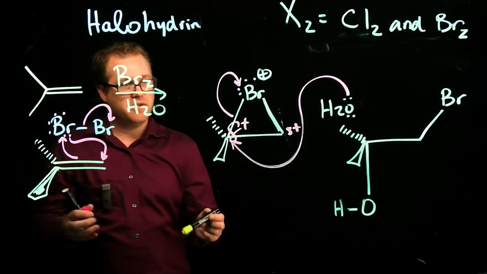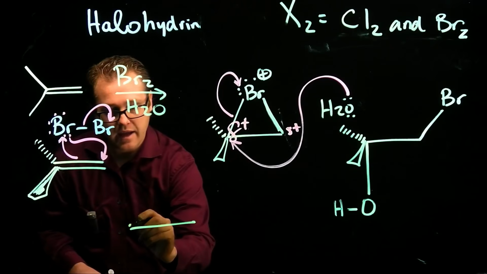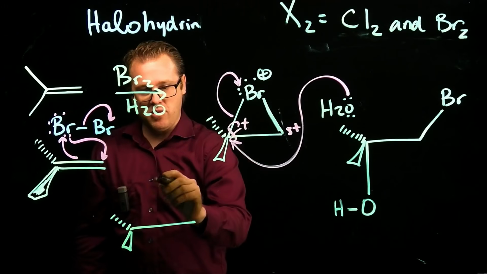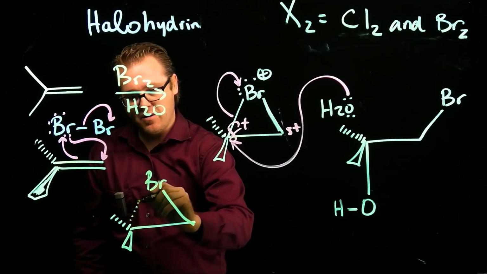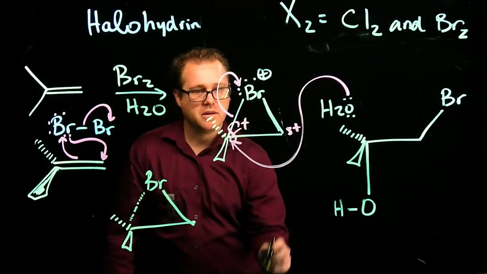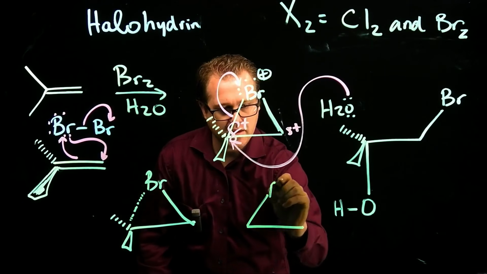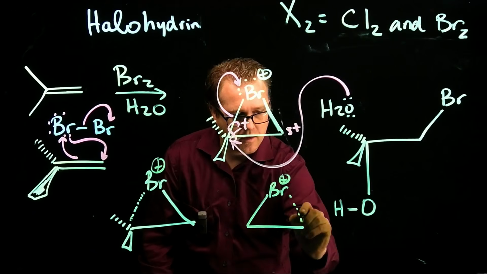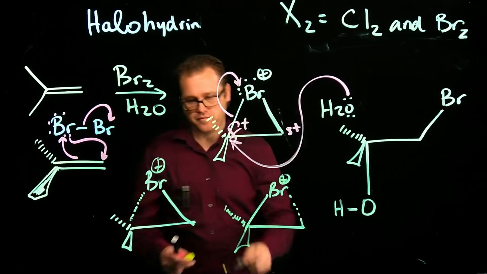It comes to the fact that, hey, when we look at the bromonium here, this bond right here is very, very weak. Let's do the other one. That would have to be positive. Okay.